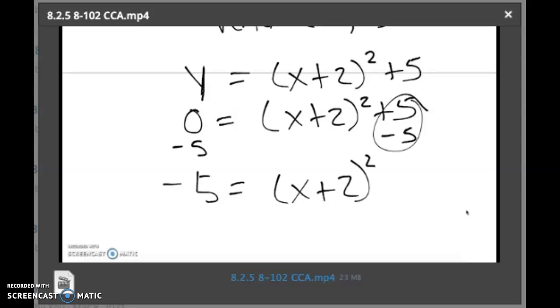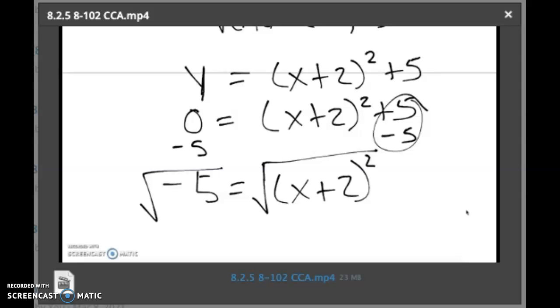So to do that, I take the square root, right? Because the square root is what's going to undo the square. So I get the square root of negative 5. And I have a problem because I cannot take the square root of this negative 5 and get a real number.